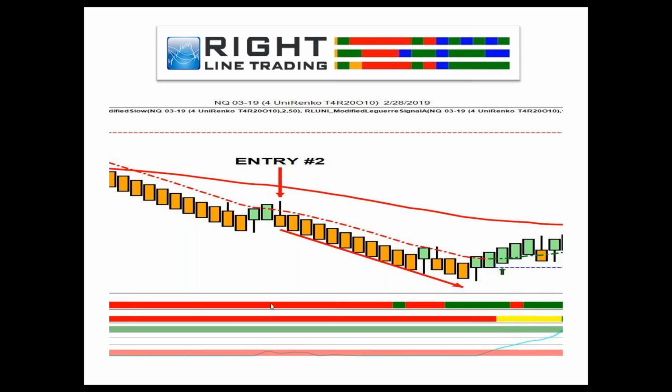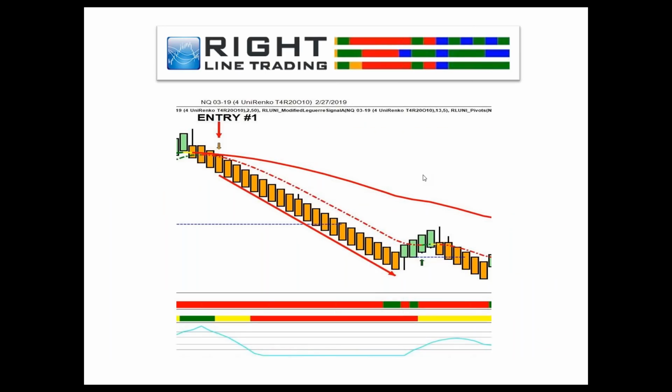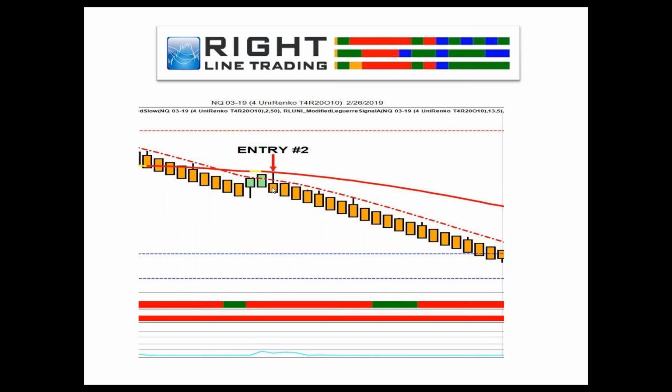We want momentum locked short or locked long on multiple time frames to get us into a trade, to give us a very, very low risk, high probability winner, whether you're trading 25 stocks or 12 Forex markets, or you're trading 6, 7, or 8 futures markets. Here's the same thing, both red, and down you go.